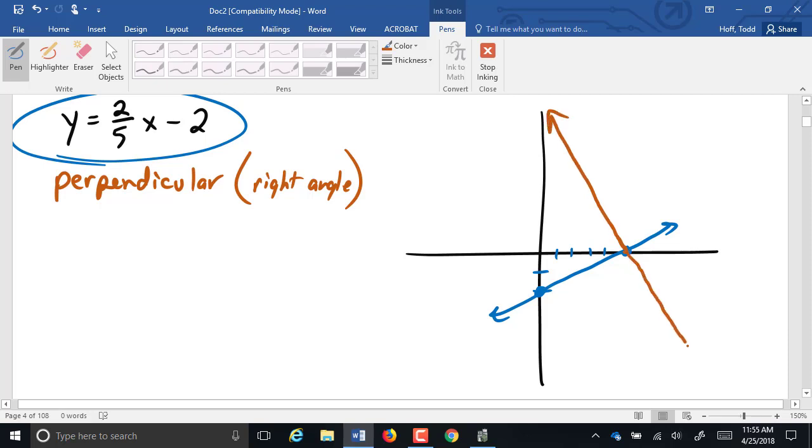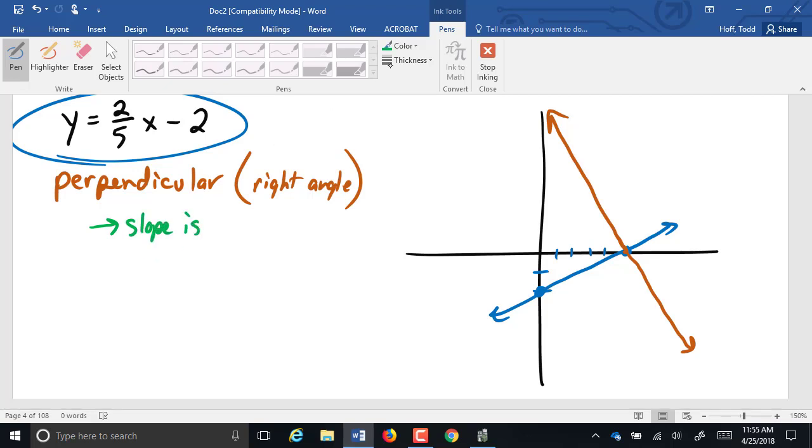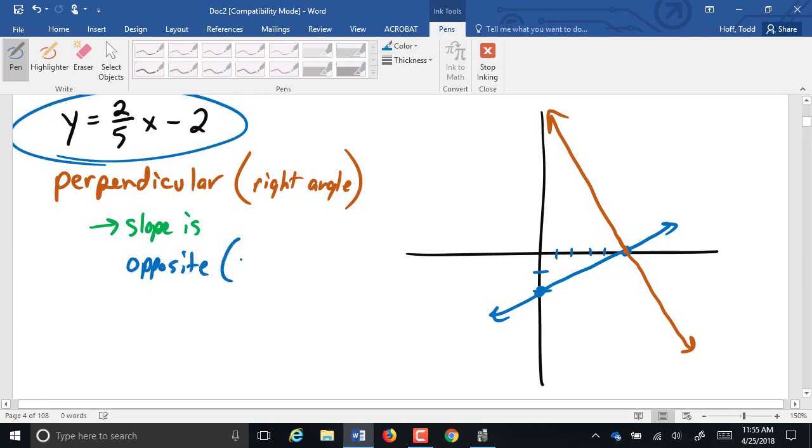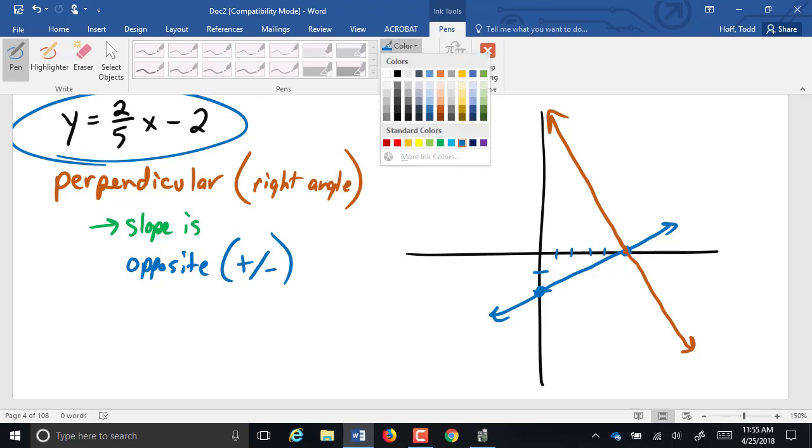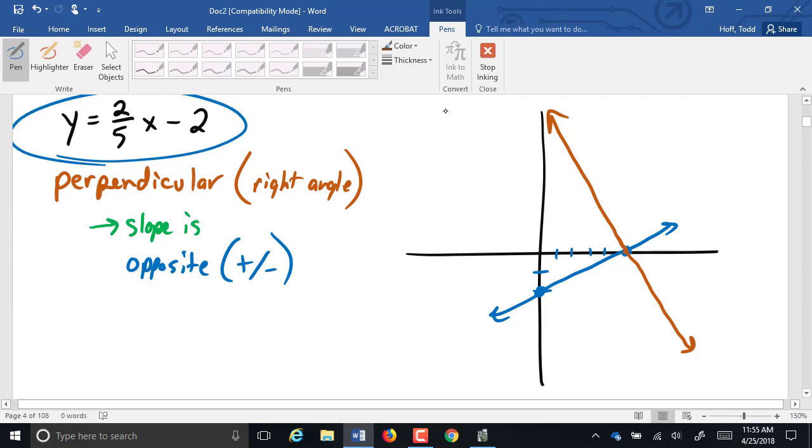The first thing we see is that it's going to have a negative slope. So the first thing about perpendicular lines is the slope is opposite in sign, positive or negative. But we'll also notice the blue line, the original line, was fairly shallow. That brown line, or perpendicular line, is relatively steep.